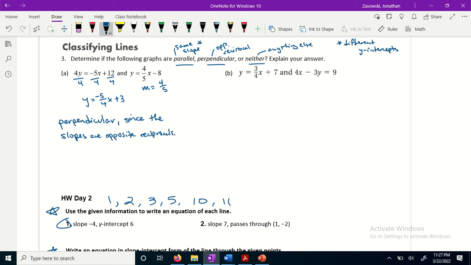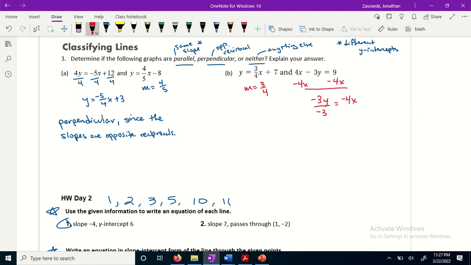All right, we take a look at letter B. Got the same thing here. We can see the slope of the first line is just 3 over 4. Okay, so you can pause it and go find the slope of the next line. Okay, so hopefully we just subtracted 4x from both sides here, and then divided everything by that negative 3 that's in front.